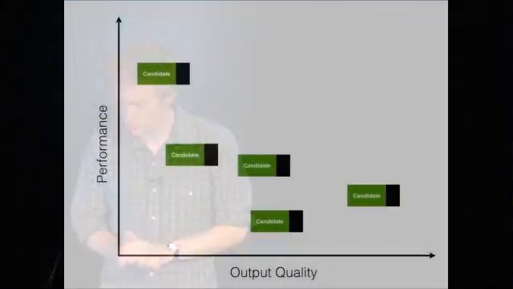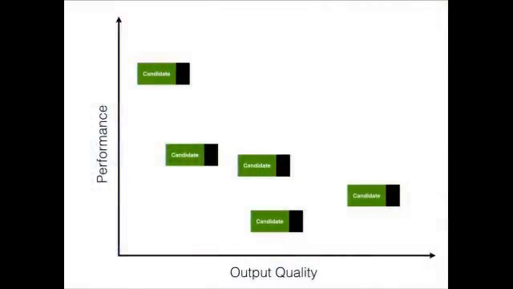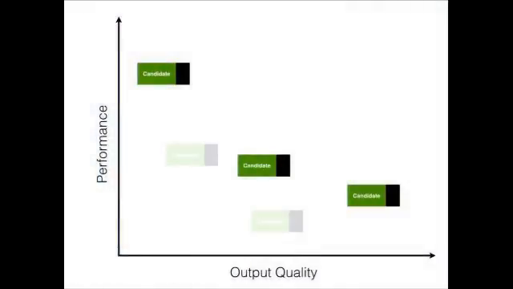And the next thing we want to do, once we've filtered out things that are obviously infeasible, is to plot a bunch of candidates on a performance and output quality trade-off curve. If you have a bunch of candidate applications and we can run them many, many times and try to assess the output error, we want to select the Pareto frontier of program configurations that make an optimal trade-off between accuracy and efficiency.